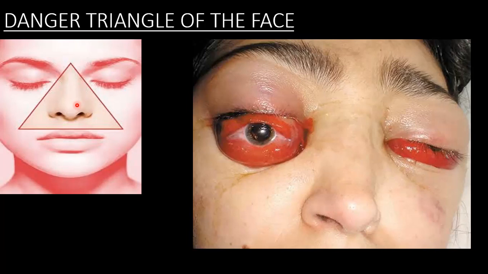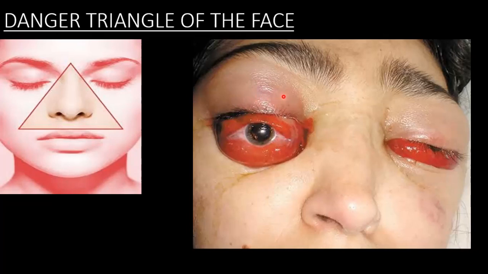And if the infection spreads to the pterygoid venous plexus via the deep facial vein, it will eventually reach the cavernous sinus via the emissary veins, traversing the several foramina which I mentioned earlier, such as foramen ovale, spinosum, and lacerum. And it will lead to cavernous thrombosis. You can see there is very marked edema here of the eyelids due to congestion of the orbital veins.